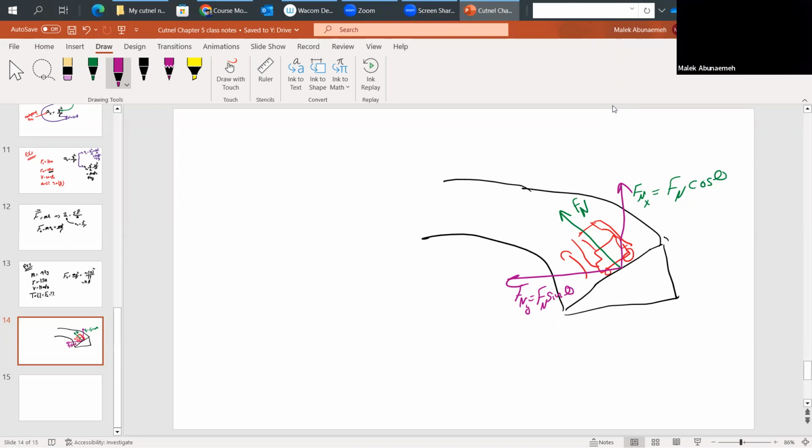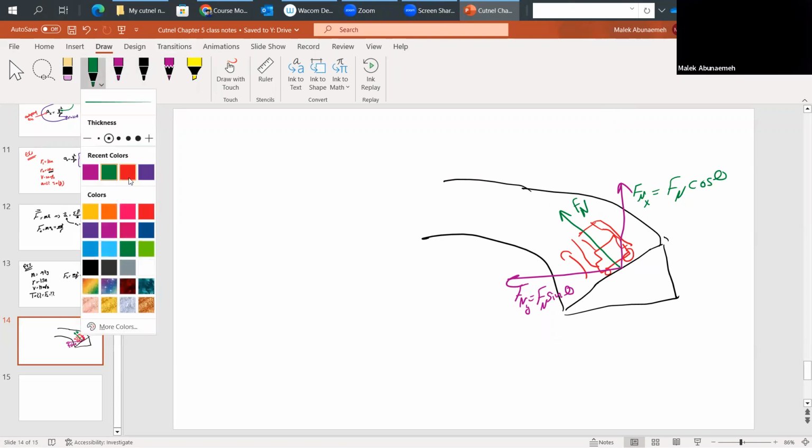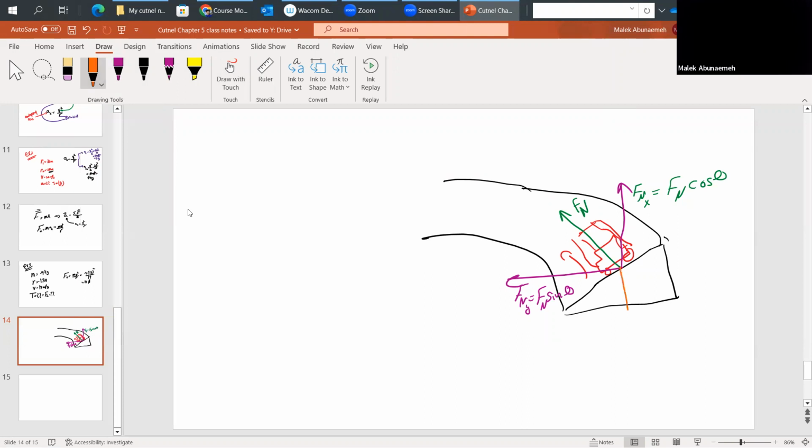Now, opposite of that, you have your weight, going in this way, which is your mass times your gravity. And of course, this is creating an angle theta.